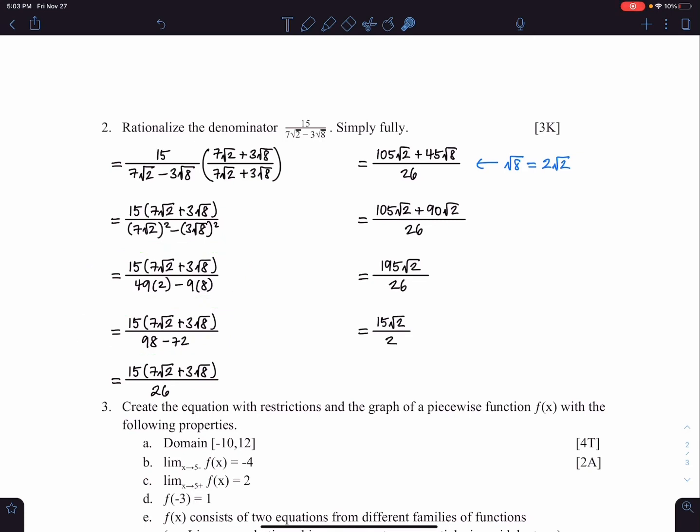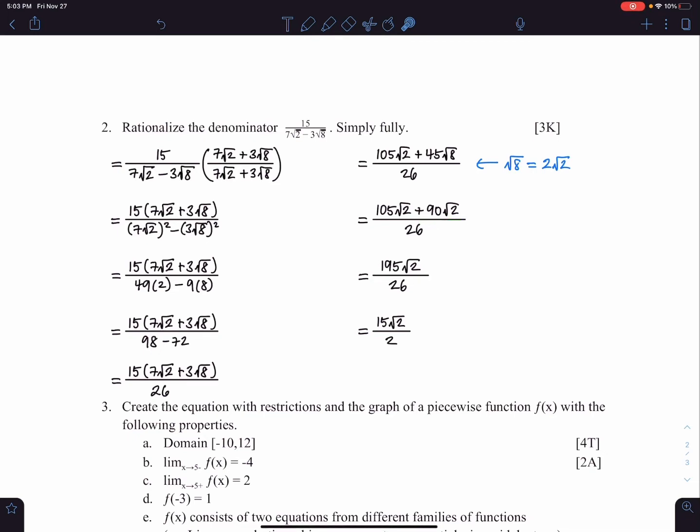And most students would come to their final conclusion that that is as simplified as it gets. But in fact, this is actually wrong because most students forget to check that root 8 can be further simplified into 2 root 2, thus making that 45 times 2, making it 90 root 2.